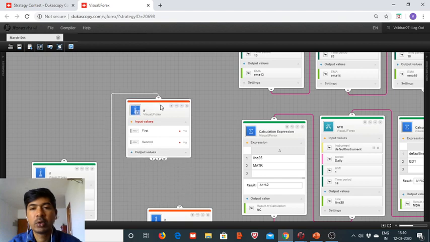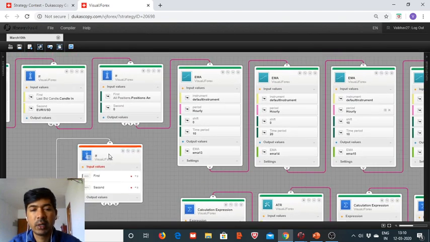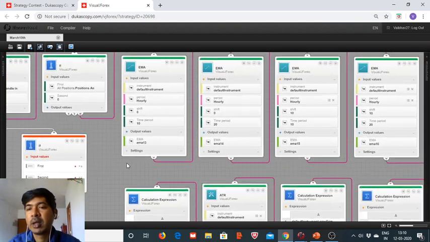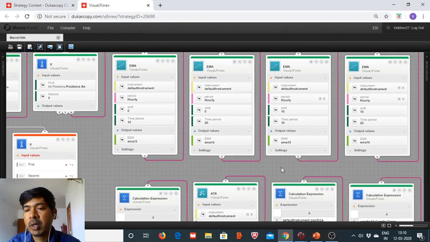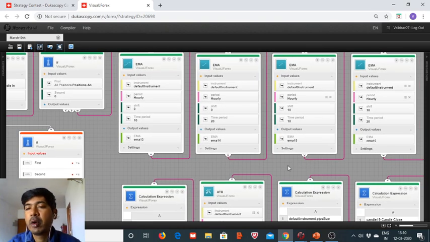then we make sure that the crossover is new, so we go back 10 hours in time, and 10 hours back in time the EMA 10 should have been above the EMA 20.